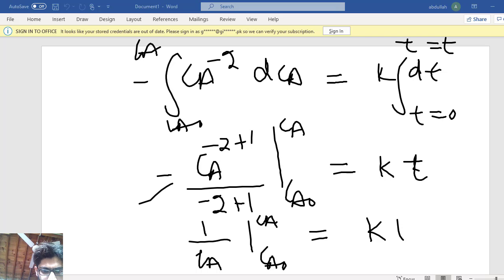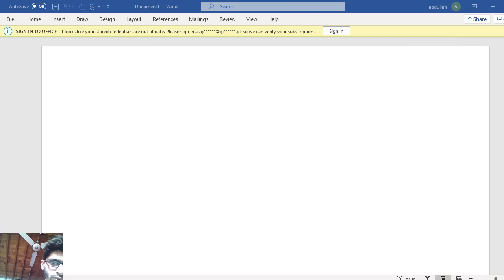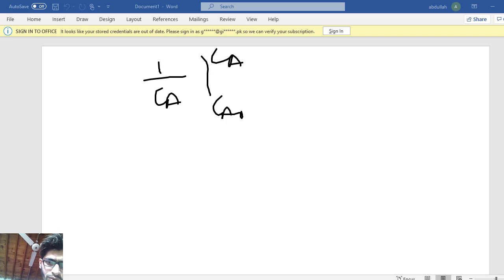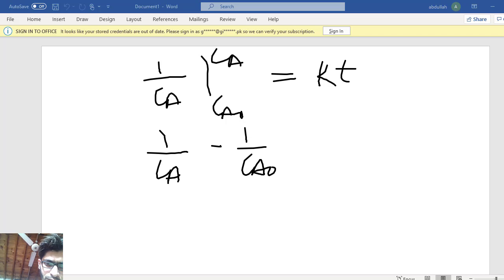Now applying this limit, 1 over C_A minus 1 over C_A naught is equal to kt.